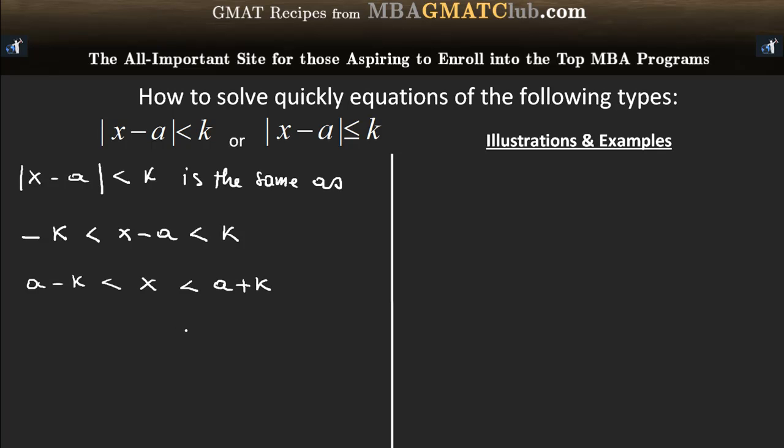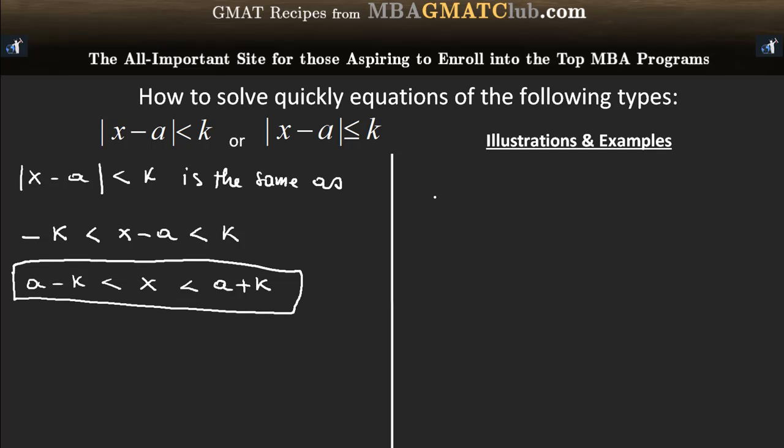I hope you agree with that. So in the final inequality, x is being squeezed between a minus k and a plus k, and that is the solution. We can actually put a frame around it.